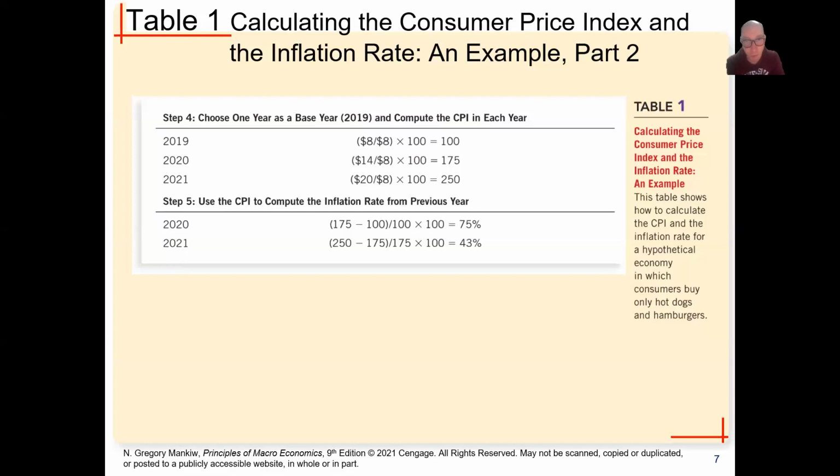And for 2021, we take the 2021 CPI minus the prior year CPI divided by the prior year CPI times 100 gets us to 43% for 2021. So this is how we calculate consumer price index.